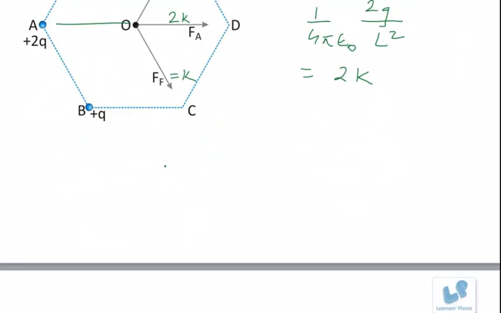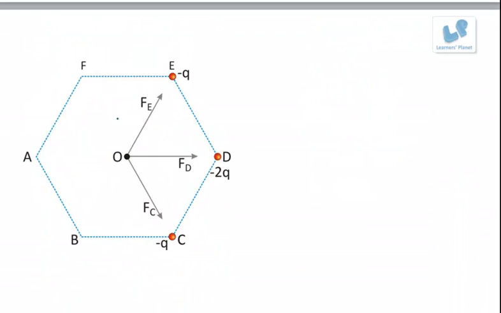Okay, now let us find out the electric field due to the negative charges, that is at E, D and C. Now OE is L and the charge is minus q, so the direction will be towards OE. So this electric field is k, this will be 2k and this will be k.